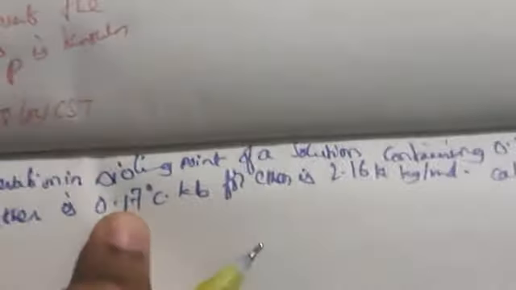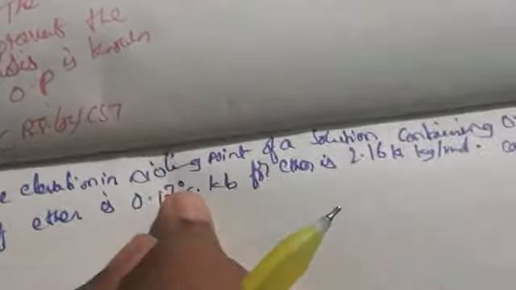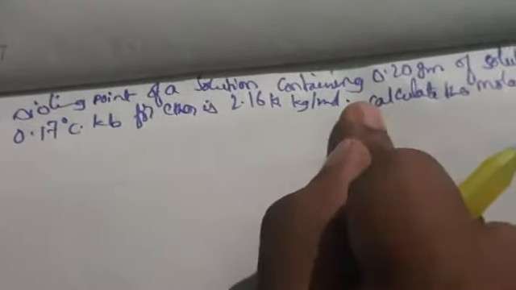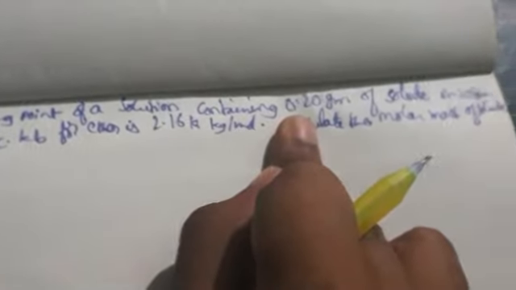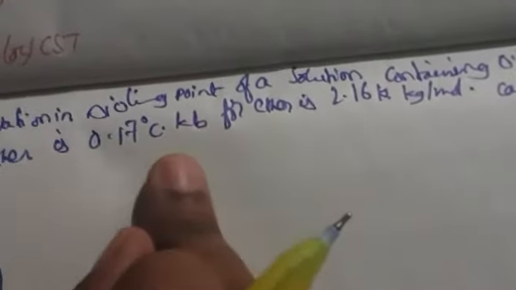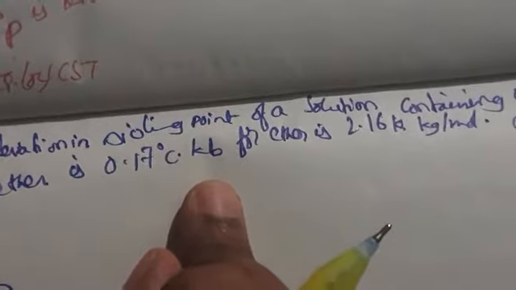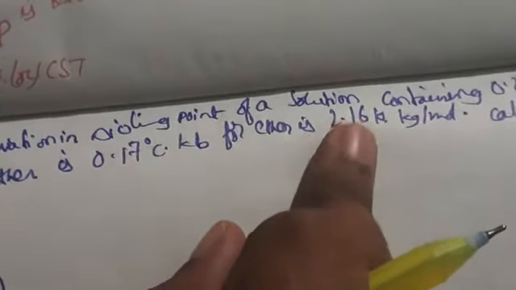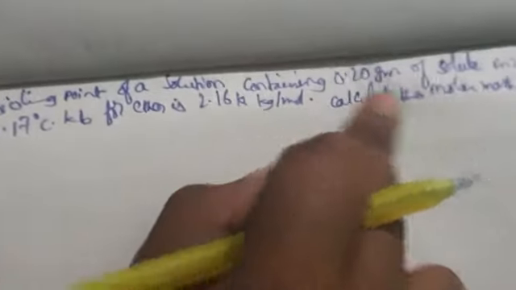See here what he has given: the elevation in boiling point of a solution containing solute and 20 grams of ether. Solute he has given, solvent he has given, and the elevation of boiling point value. For ether Kb is 2.16. He told us to calculate the molar mass of the solute.